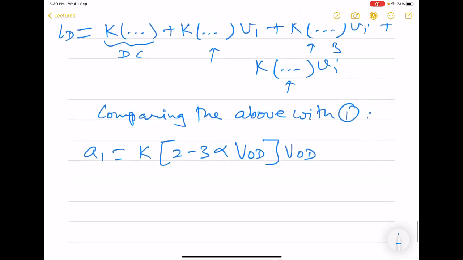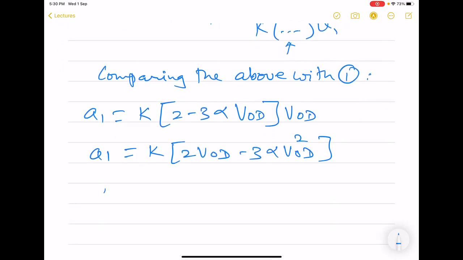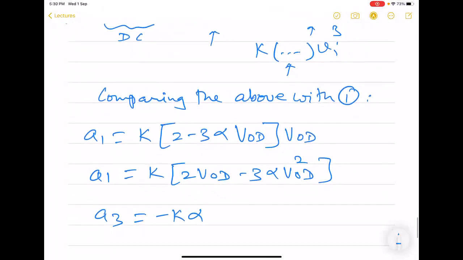So this is what we will get for A1. And when we compare the third order term, we are going to get this thing, right? So we now have A1 and A3.